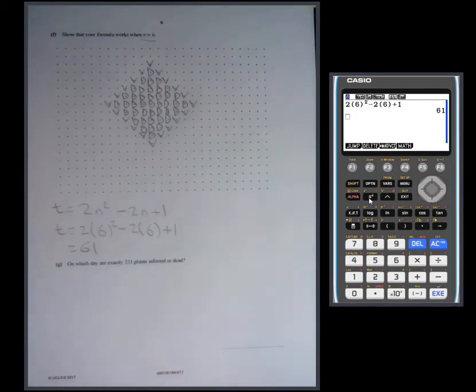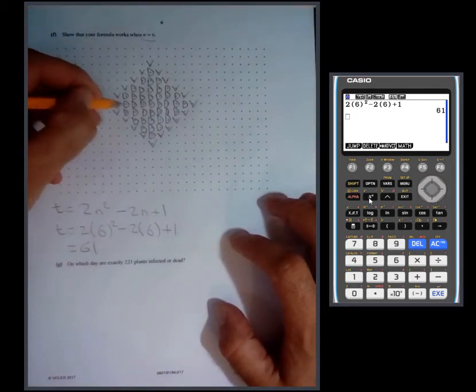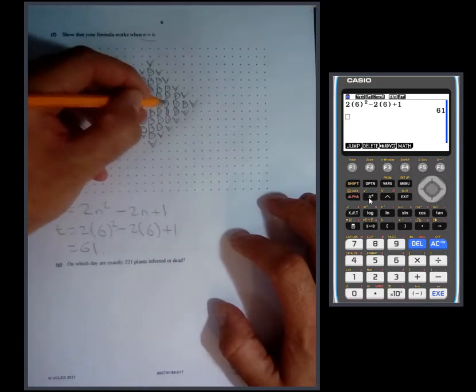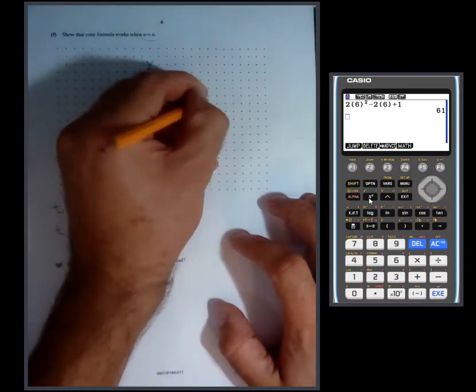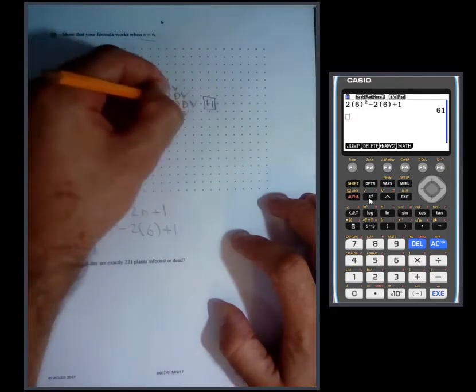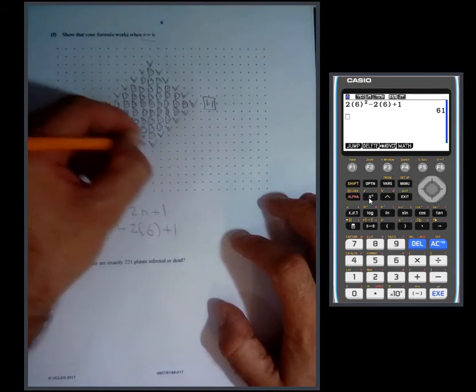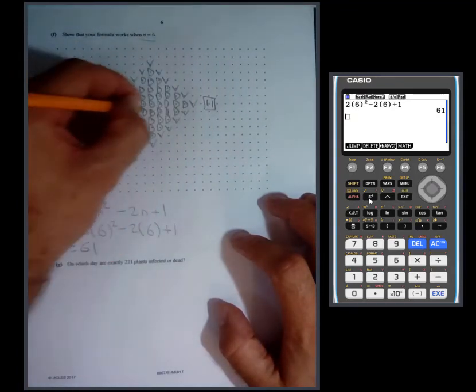So I need to find a way of counting these. I've drawn it anyway, but let's just count. We've got 1, 2, 3, 4, 5, 6, 7, 8, 9, 10, 11 there. And then if I draw this bit, I've got 2 symmetrical, equal sized triangles.